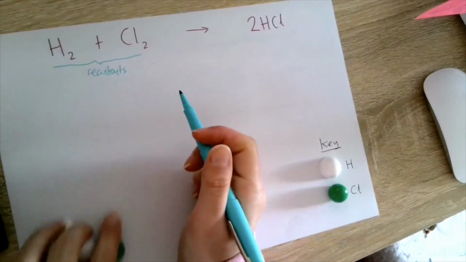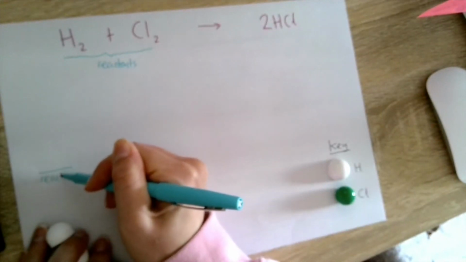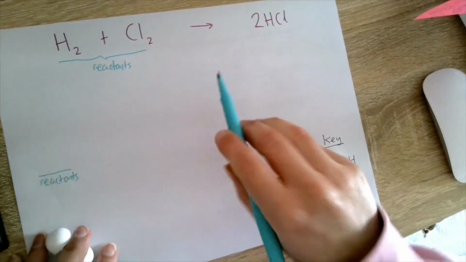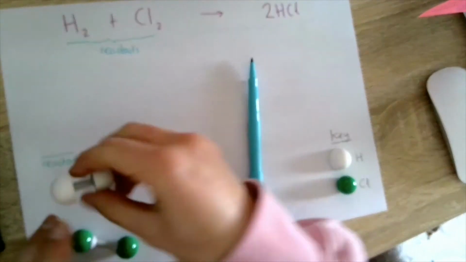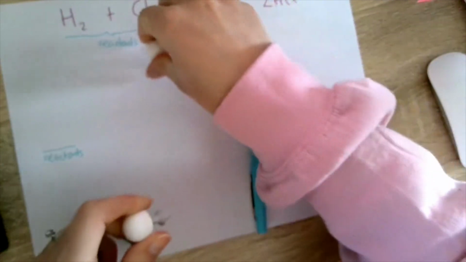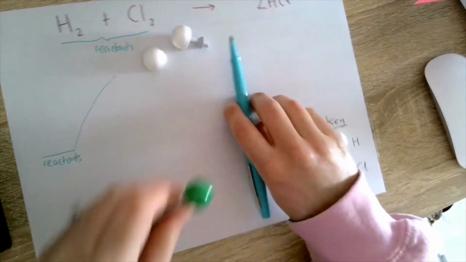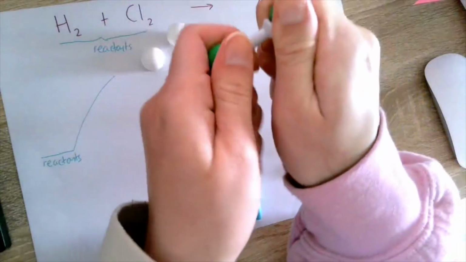and they're going to start off with an energy. And what happens is when we break these bonds, we have to put in energy. So we're taking in energy in order to break these bonds.